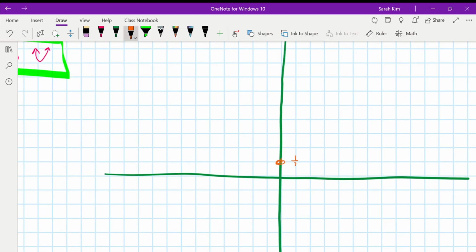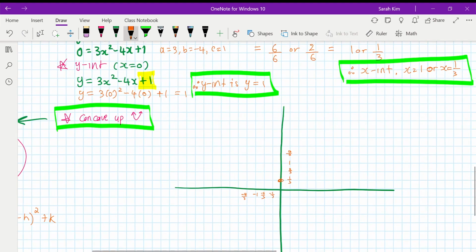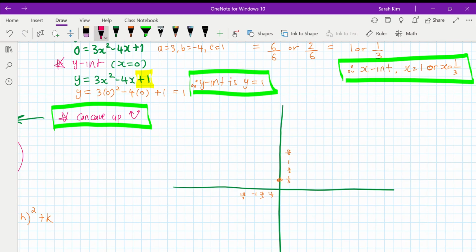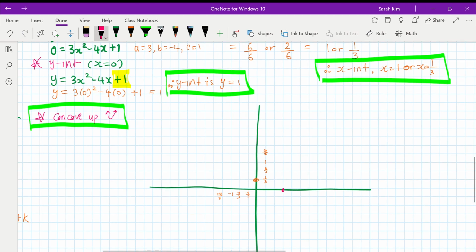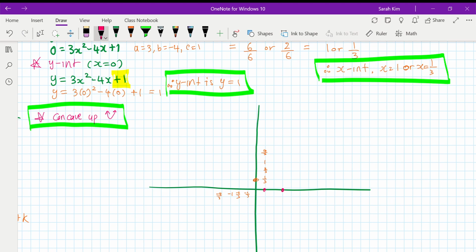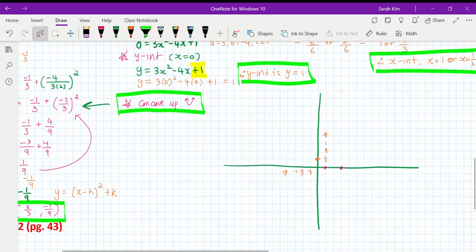I might draw 1/3, 2/3, 1, 4/3. So you can just draw scale by 1, but it might look a little bit hard. So x-intercept is 1, or a 1/3, 2/3, so over here, minus 1/9.